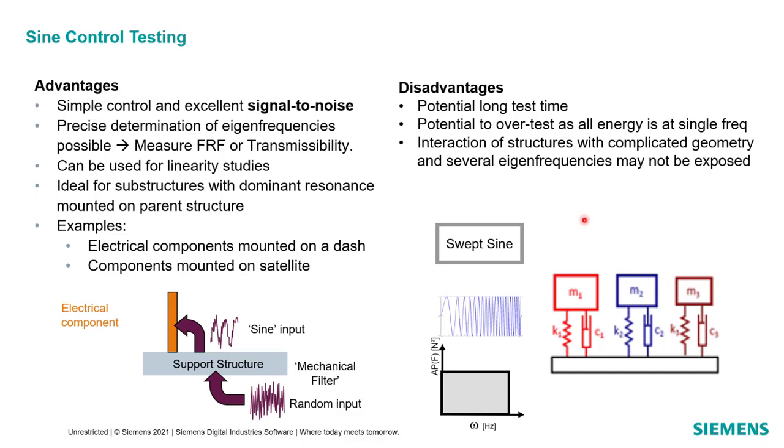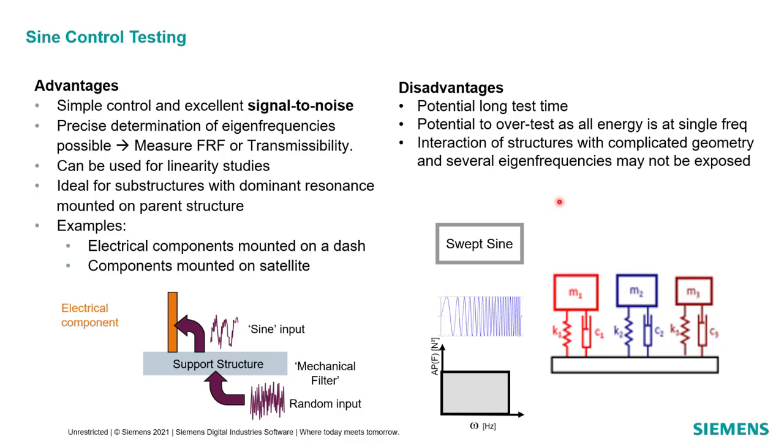Then also, since it is a single frequency and most systems have multiple resonant frequencies, which in operational conditions could also be excited in multiple directions. Let's talk about just single axis sine testing.